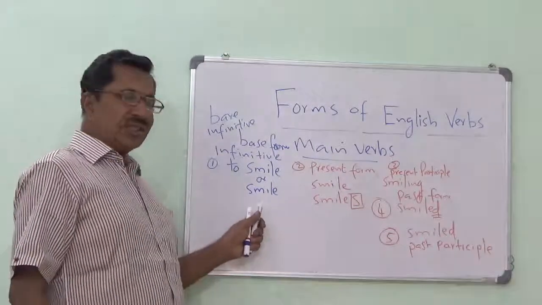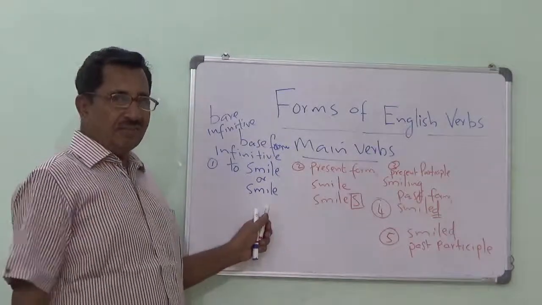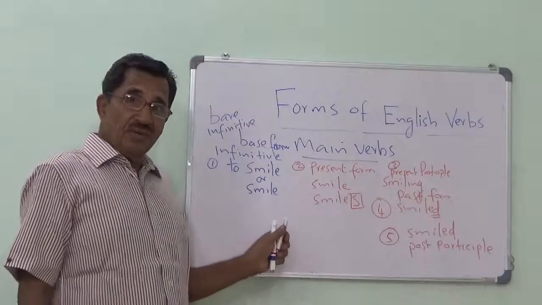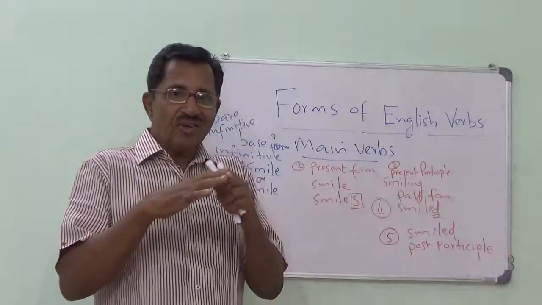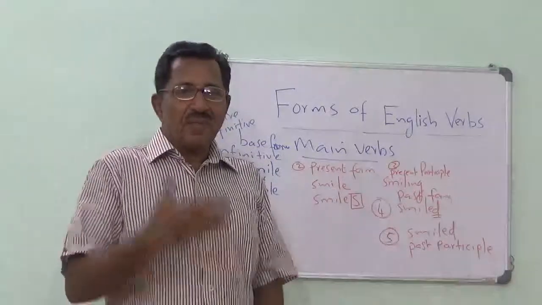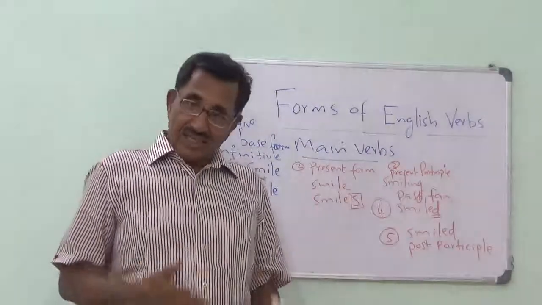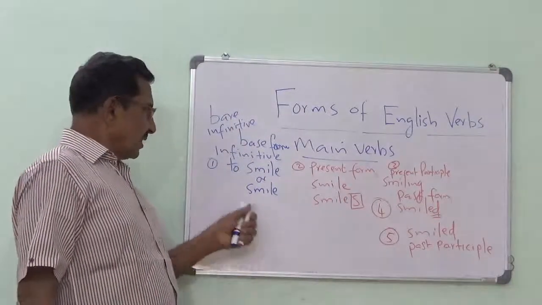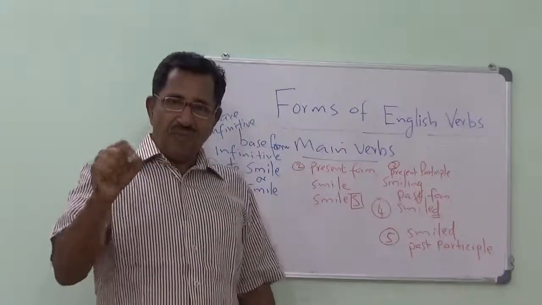So, the first form or the base form is the infinitive of the verb. Why is it called infinitive? Again, we shall see. Because it is not limited by any condition. And what the conditions are, we will wait and see. Second is the present tense form.